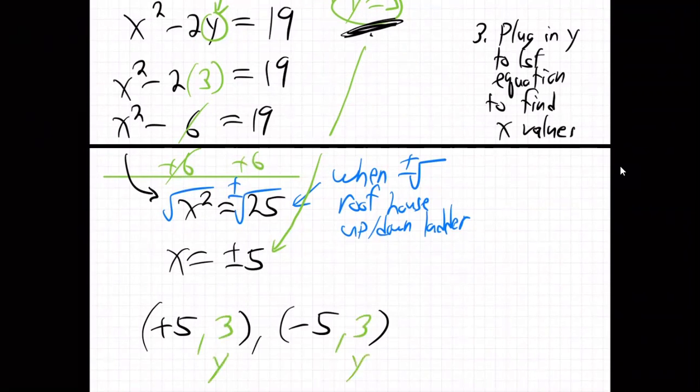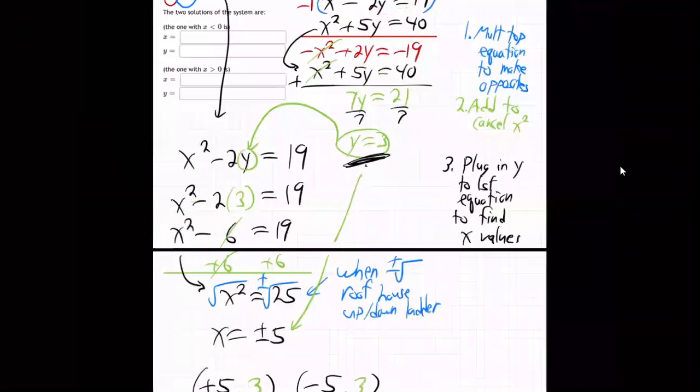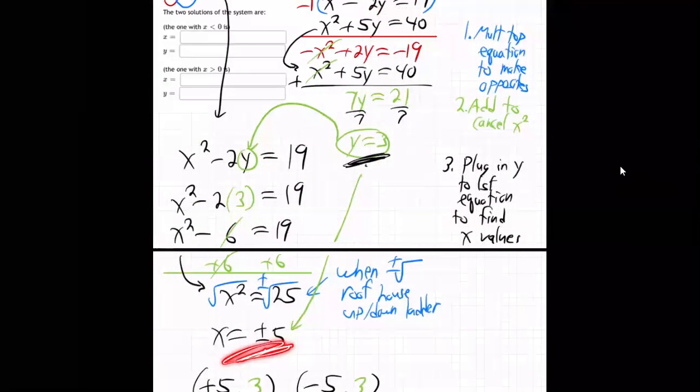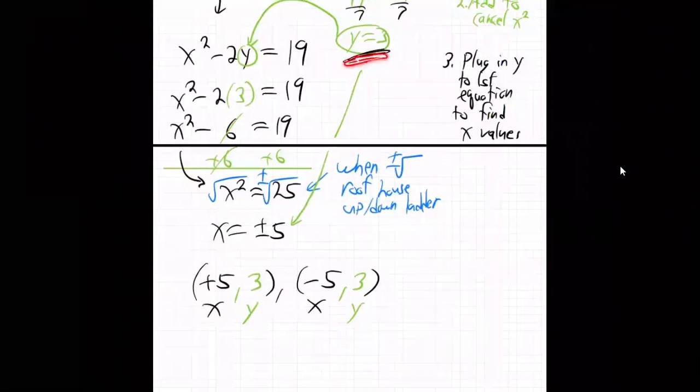You see how the two different x values both go with the same y value. That's literally what happened, right? We got this y answer first. We plugged it in, and that one y answer of 3 led to two x values, didn't it? So that one y value goes with two different x values.